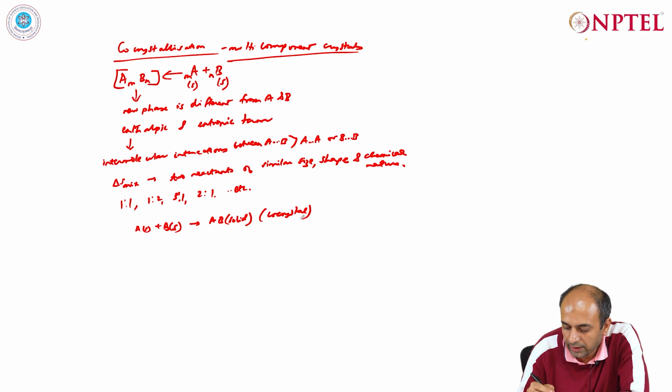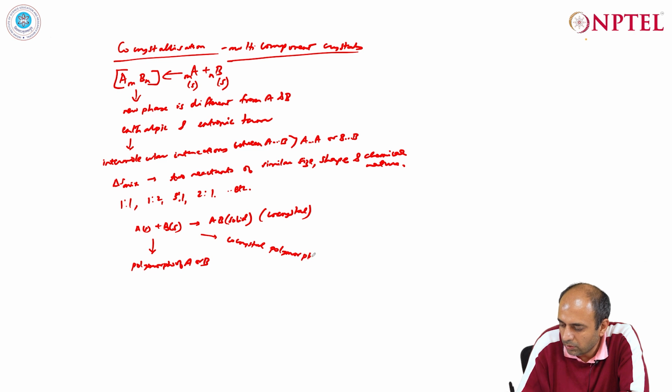But when we are doing these experiments of preparation of co-crystals, there is a possibility that you can also end up with polymorphs of A or B. You can also get co-crystal polymorphs of AB.